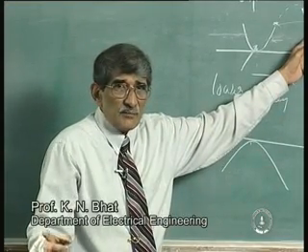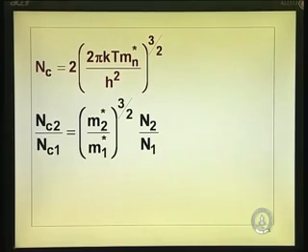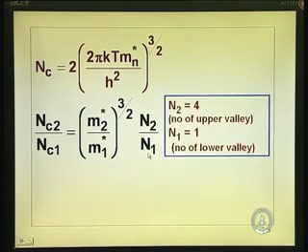So, the N2 by N1 on the right hand side there is the number of valleys. Upper valleys there are 4, lower valleys there is 1. So, N2 is 4, N1 is 1. This is slightly getting into a little bit of physics, but we borrow those results and believe the physicists and say that is all right. It comes from the Brillouin zone analysis.